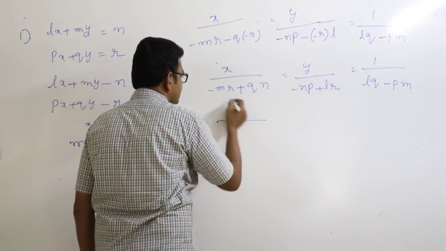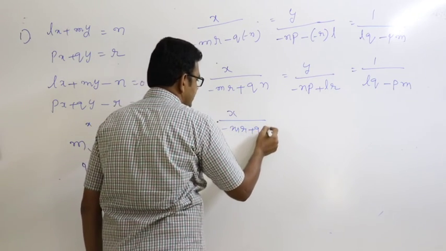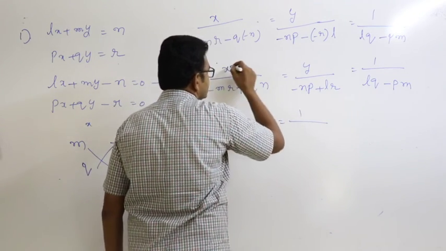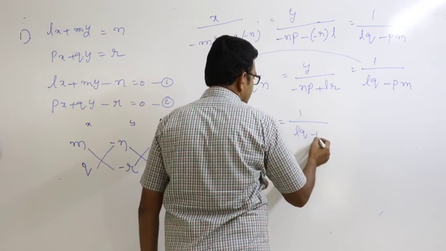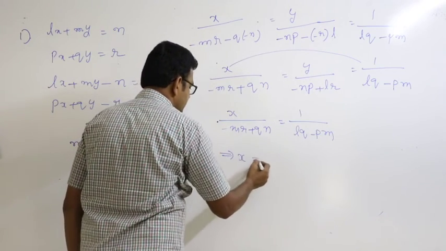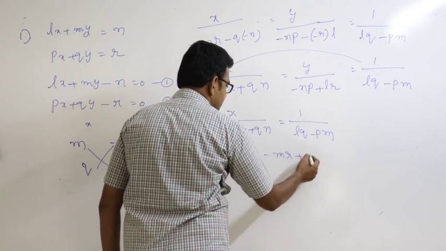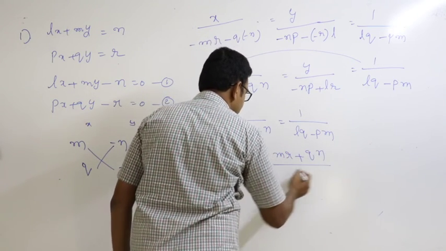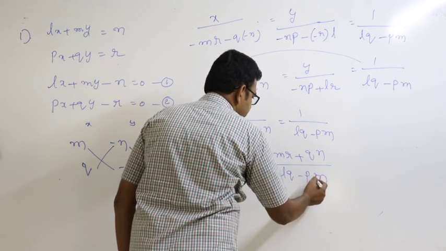So x by minus mr plus qn, equating to this constant, equal to 1 by lq minus pm, implies x is equal to minus mr plus qn by lq minus pm.